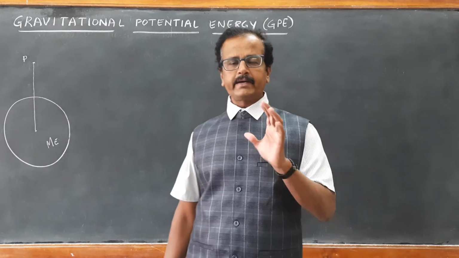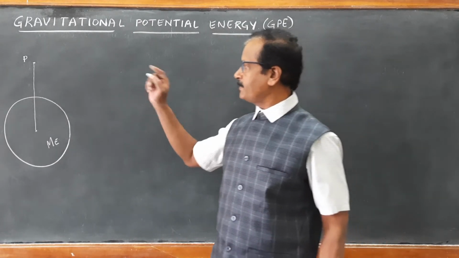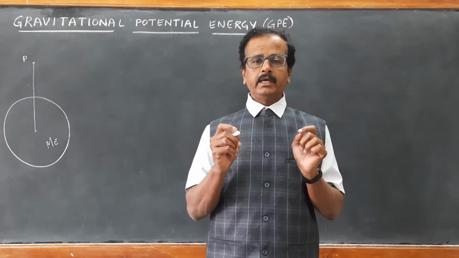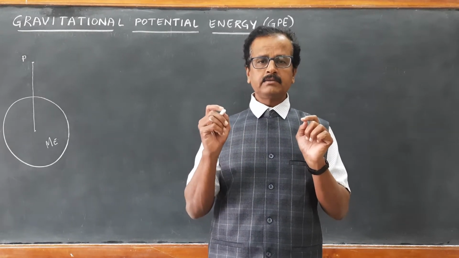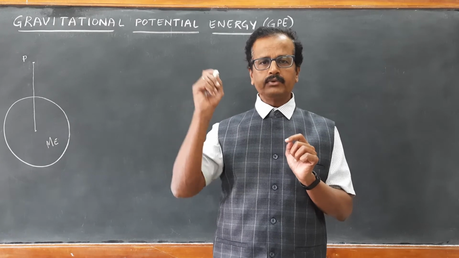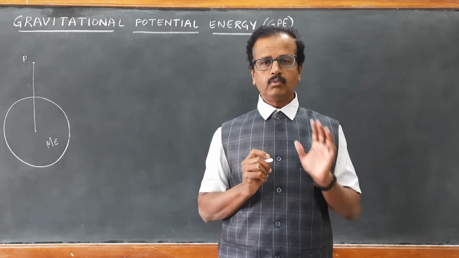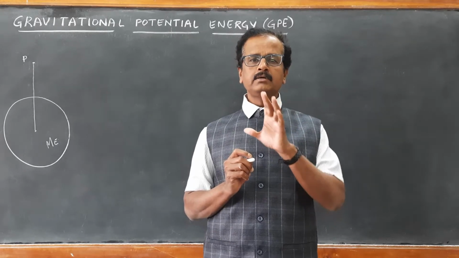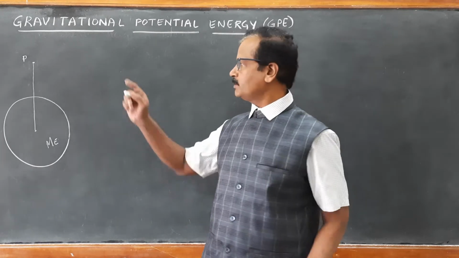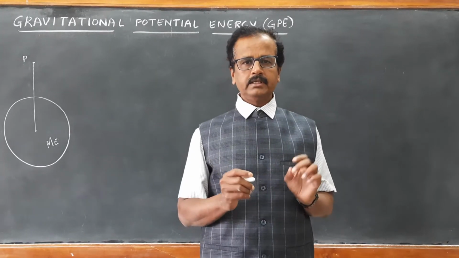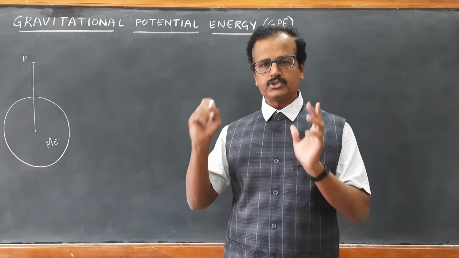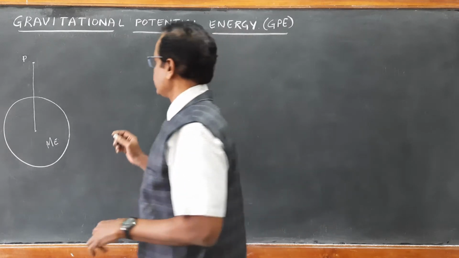Then we calculate gravitational potential energy at this point P as work done by gravitational force in bringing that point mass from infinity to that particular point. Work done in bringing a point mass from infinity to the point under consideration is called the gravitational potential energy at that position. Let us see how it is calculated.